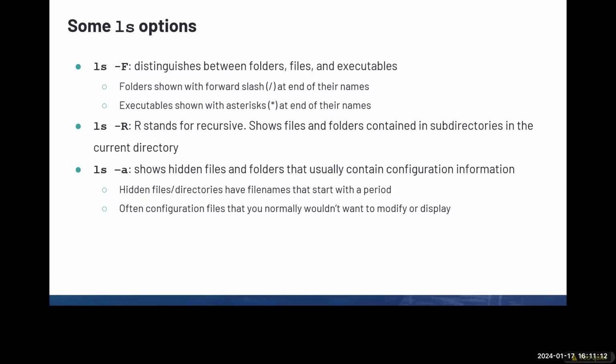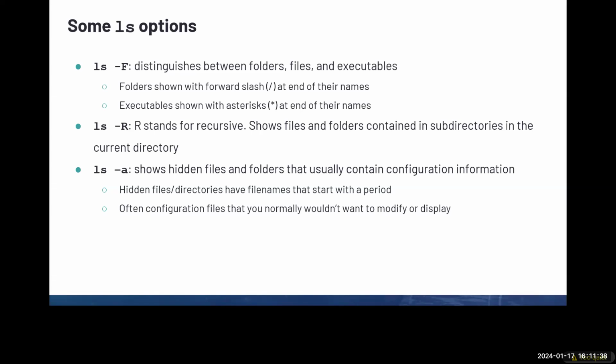We will see the power of ls. With the command ls, we have several options. For example, -F to distinguish between folders, files, and executables. Folders are shown with a forward slash at the end of their names, and executables are shown with an asterisk or star at the end of their names.